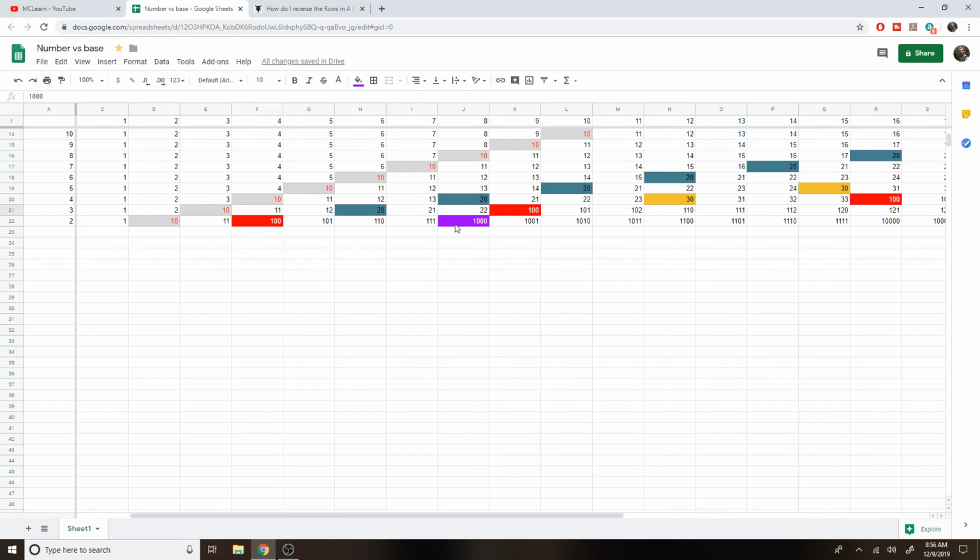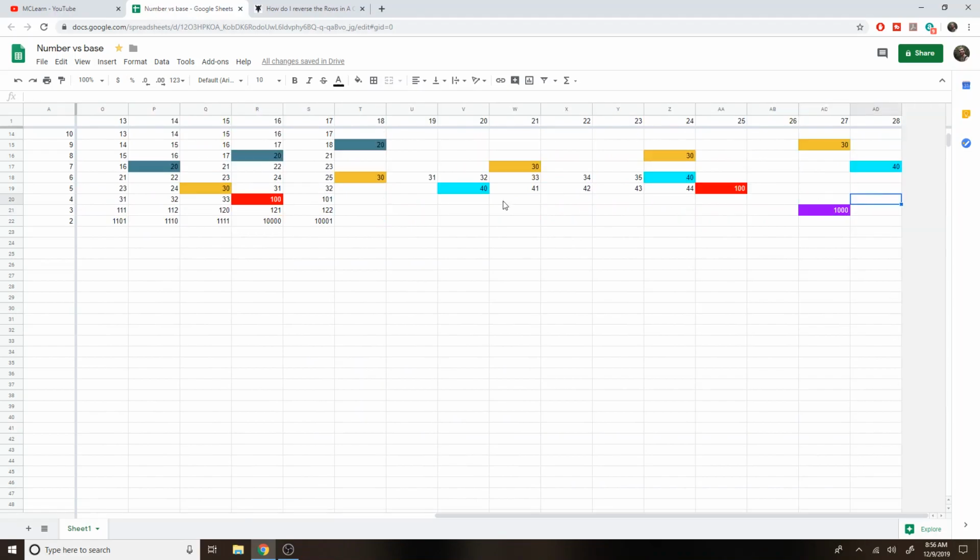The 1000s are even more spread out between them. So if we were trying to get to, I think that this is base 4, if we were doing that, that would be 4 up to the 4th power, which is what, 64, I believe.